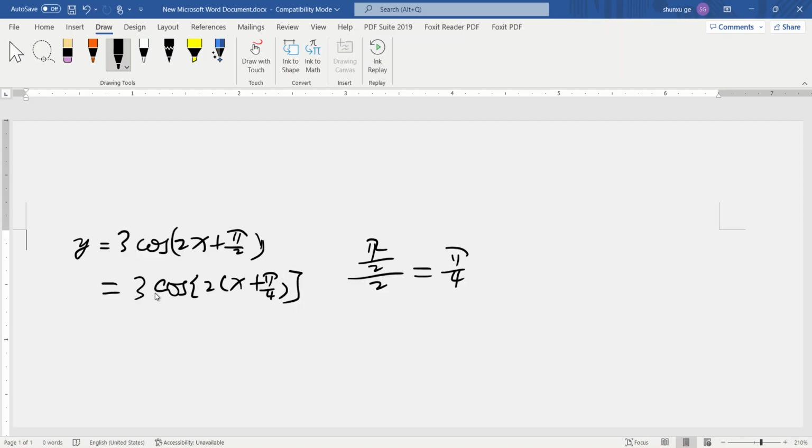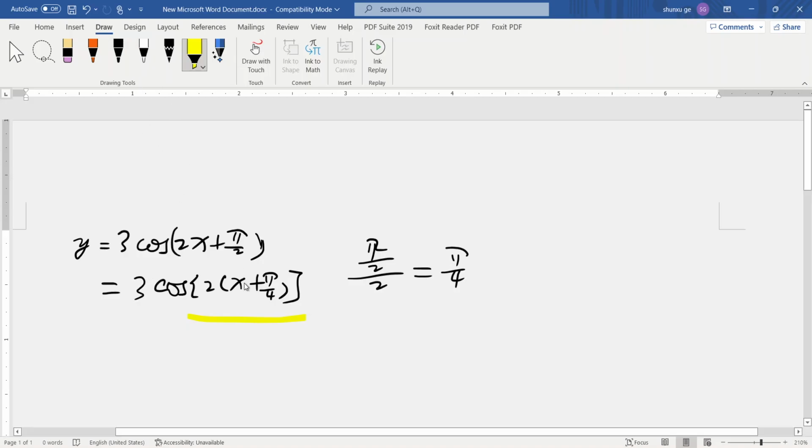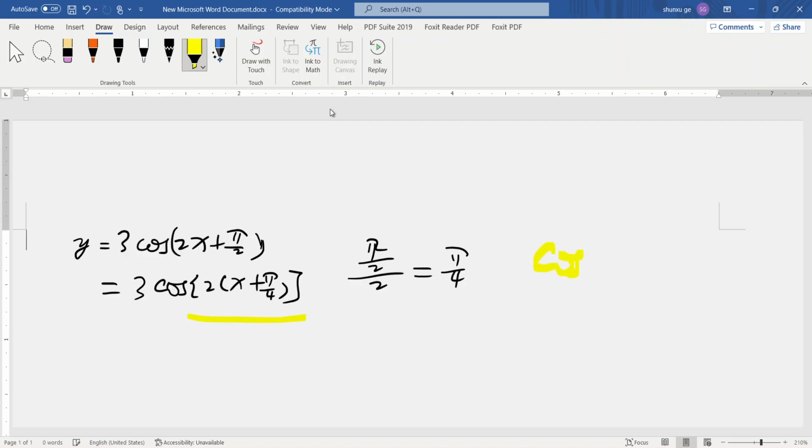So now we graph here. We note this function cosine, the period should be 2 pi if it's only cosine x. But now they not only have x, they have many things inside, so their period has changed.